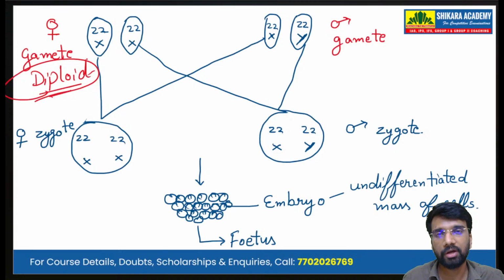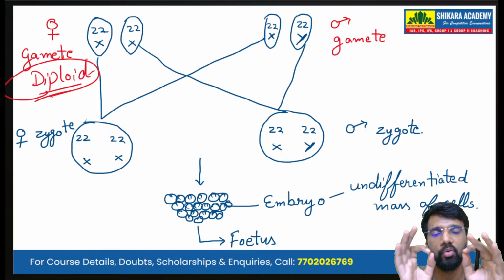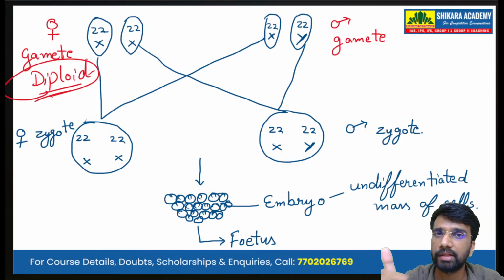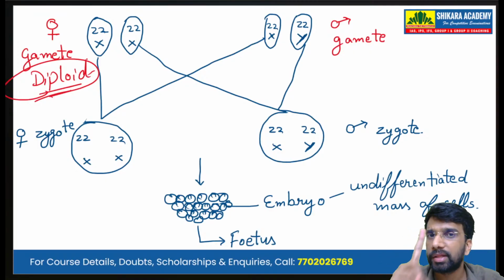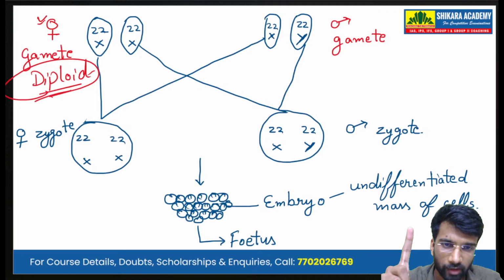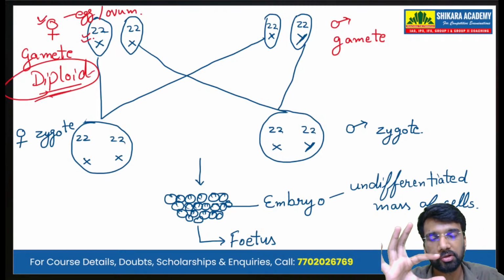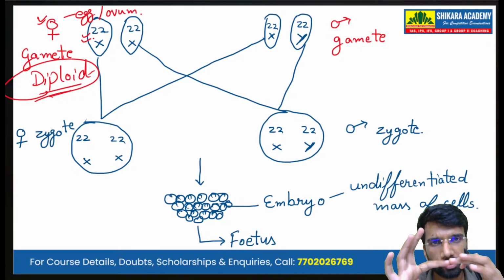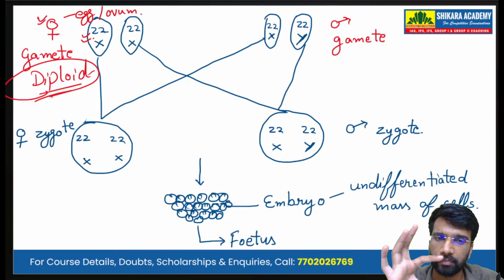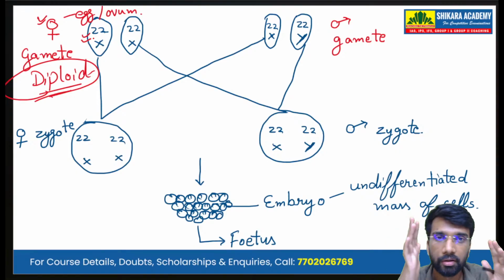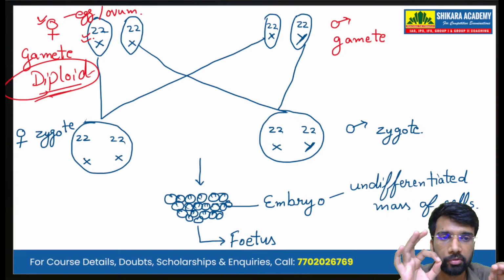But after we undergo meiosis for gamete formation, each gamete only gets 23 chromosomes, that is 22 autosomes and one sex chromosome. So a female gamete, the egg or the ovum, will have 22 autosomes and one sex chromosome. And in female, we know that the sex chromosome is the X chromosome.